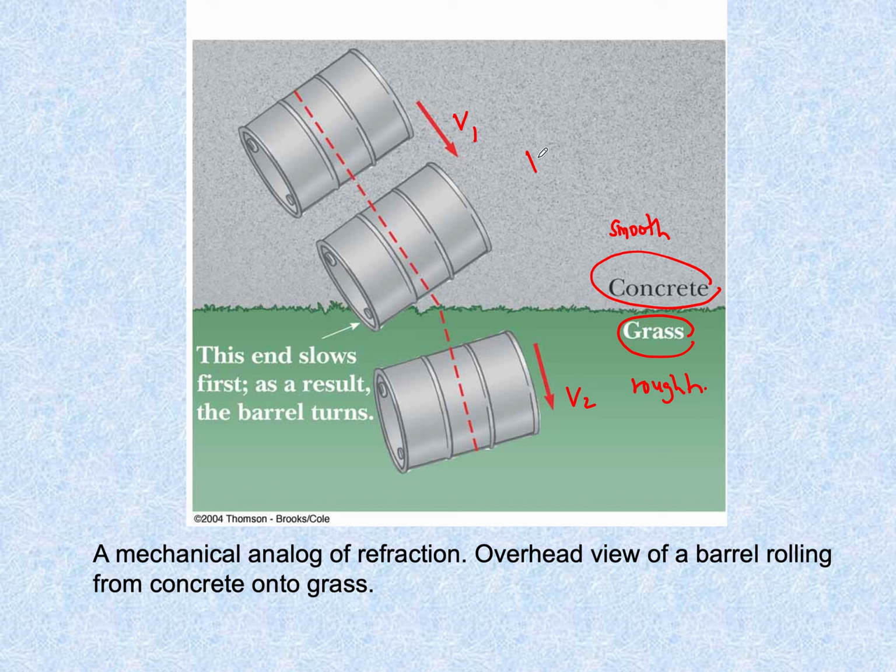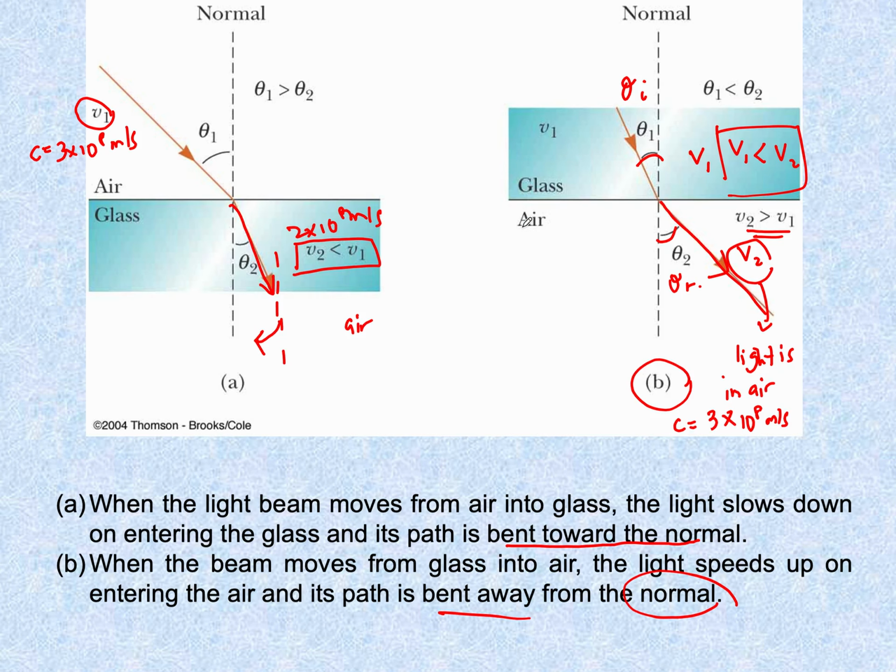So V1 is greater than V2, which means V1 is the high velocity. When V2 is less than V1, the barrel will turn towards the normal. The normal is always perpendicular to the plane. So this is the real situation that can be related to the refraction of light.